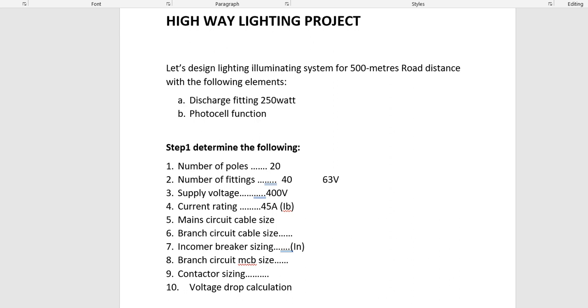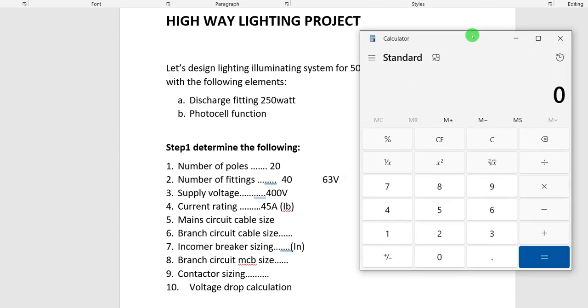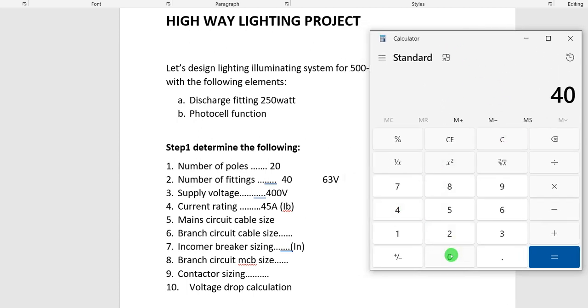Meanwhile, the stipulated voltage drop for you to work with is 4 to 5 percent. So now I have 500. Let's do it again. 500 divided by 100 times 5.